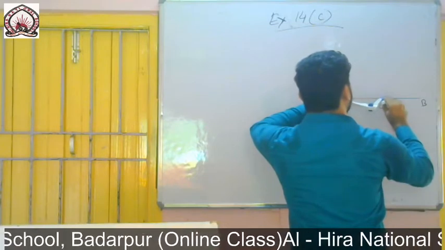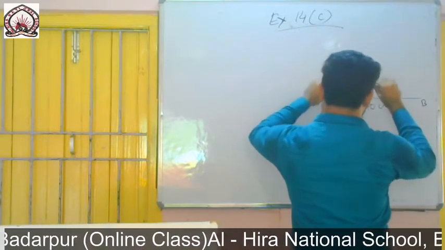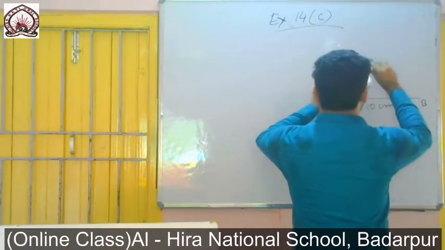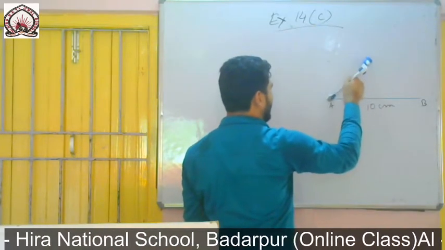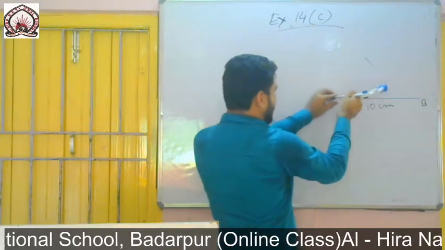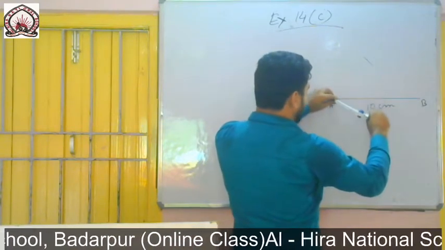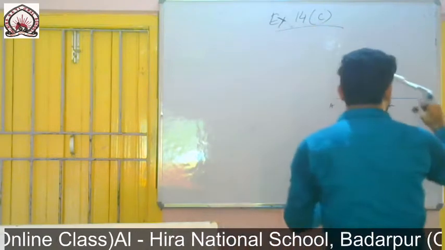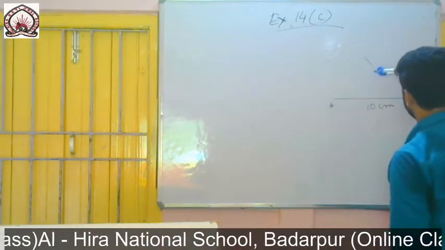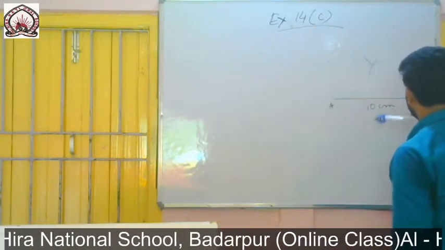I have taken more than half of this. So you draw 2 arcs. Again taking B like earlier, like this.